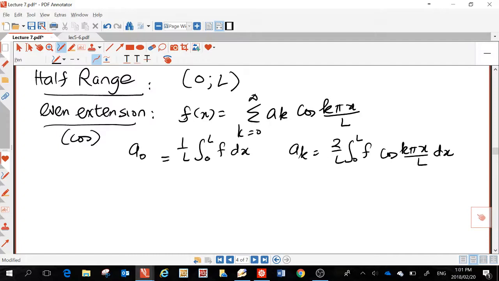Because these are going to be even. At the end of the day, they're even. So instead of having minus L to plus L, we double it.